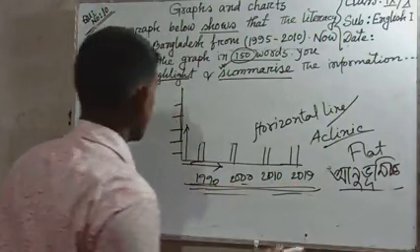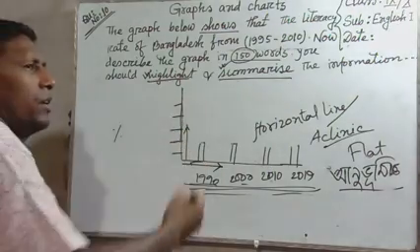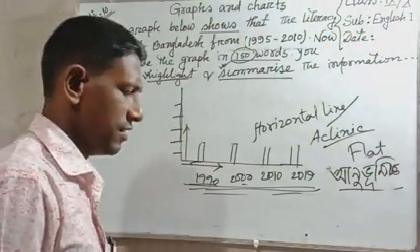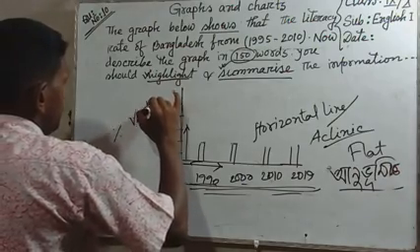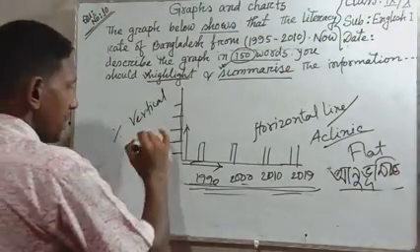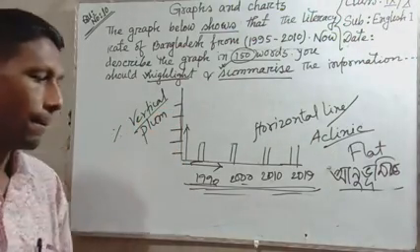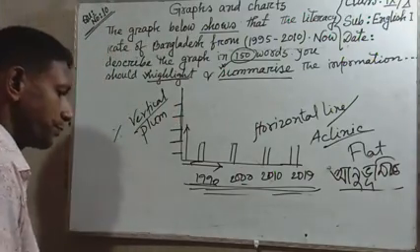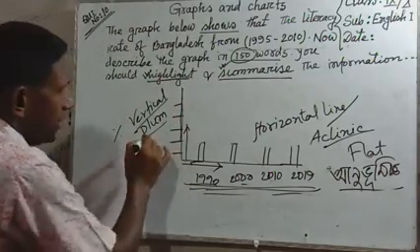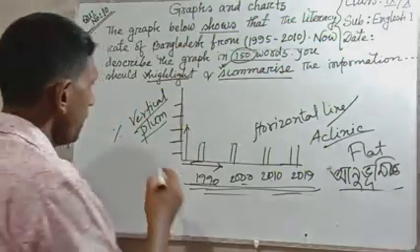On the other hand, maybe the percentage rate or number or various kinds of values go on the vertical line. Its other name is perpendicular.